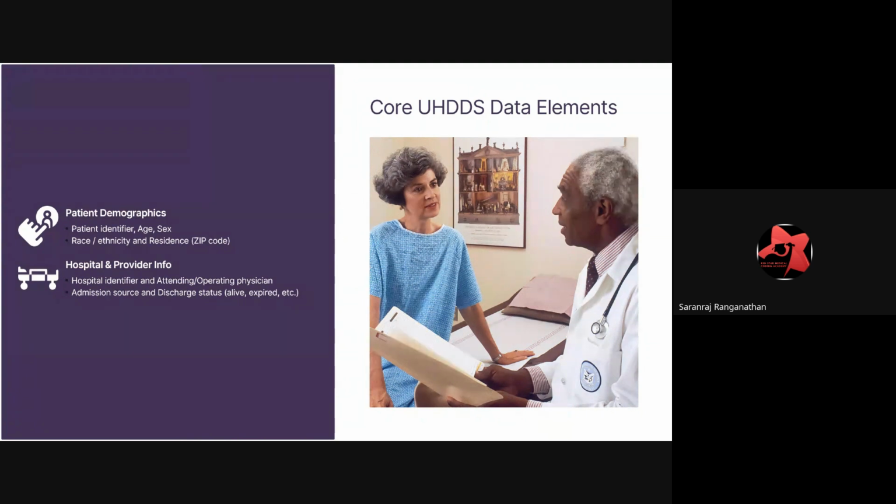Along with that, we need to check the hospital identifiers, attending and operating physicians, admission source, and discharge status, like alive or expired. These are all elements required for the UHDDS.